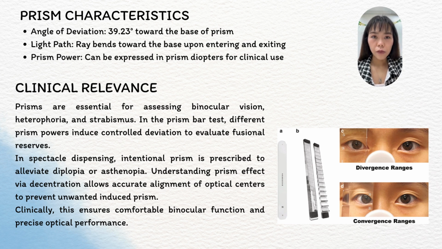In spectacles, prisms can be prescribed as relieving prisms to ease eye strain and improve visual comfort by ensuring proper alignment of the visual axes. Prisms play a key role in maintaining binocular vision and depth perception.